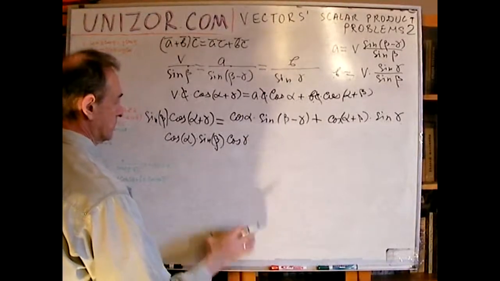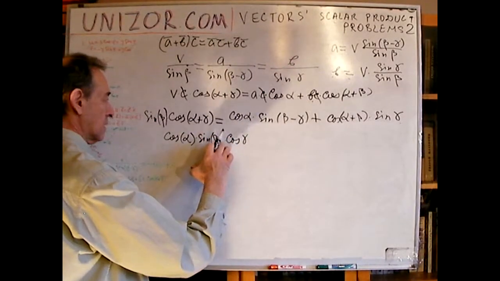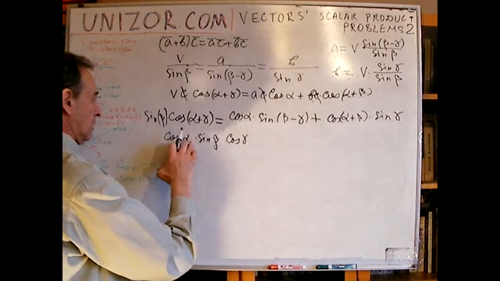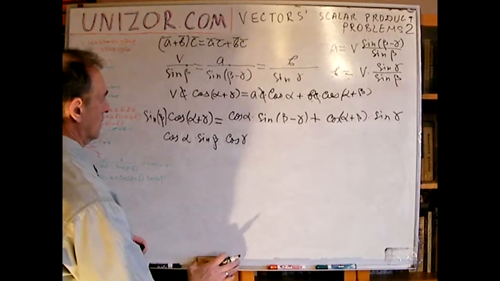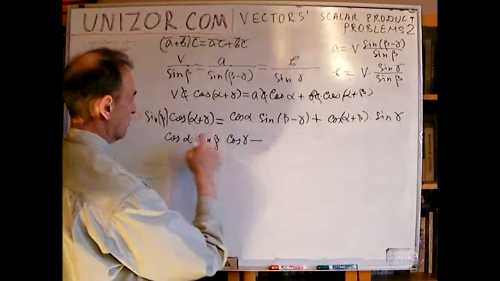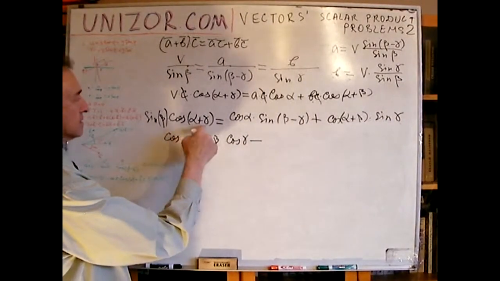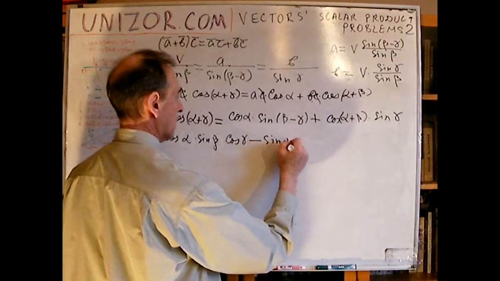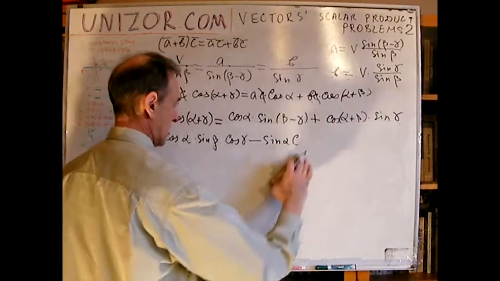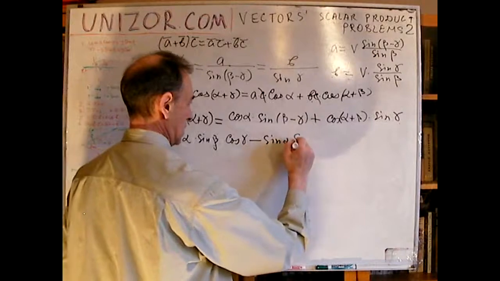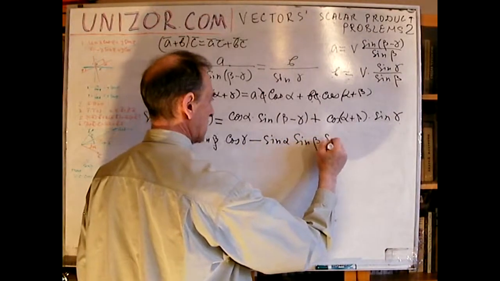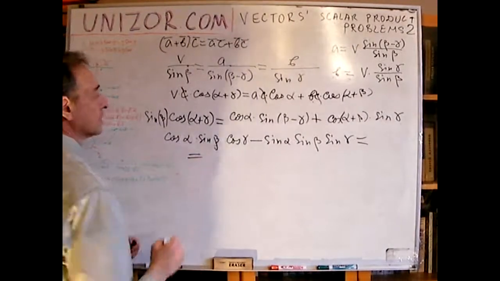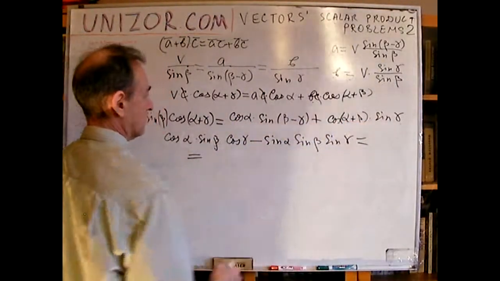I don't need these parentheses. Too many parentheses. Minus, because this is a minus, sine, right? So I will have three sines. Sine alpha, sine beta, sine gamma. That's what I have to prove, that it's equal to this.